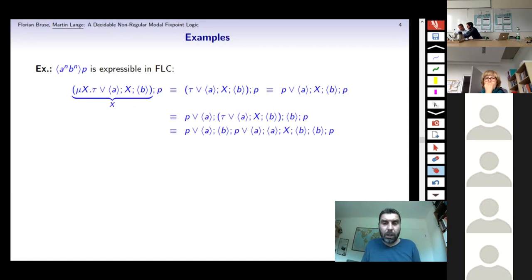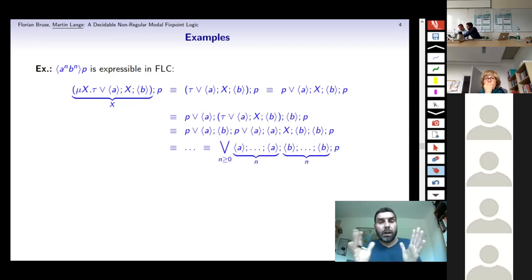What happens is that with each unfolding, we put out a new diamond A to the left and a new diamond B to the right. So this gives us an infinite disjunction over formulas of the form diamond A^n, diamond B^n, P. From this infinitary modal logic, it's quite easy to see that this formula expresses the same as this.